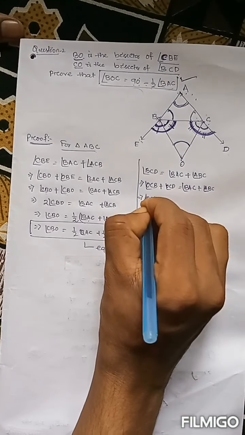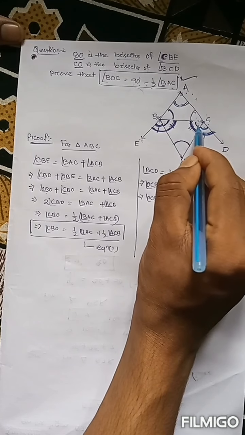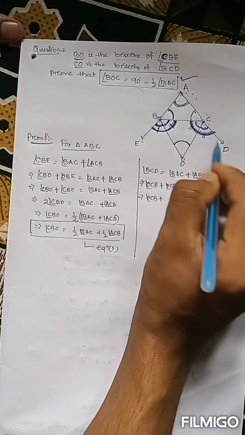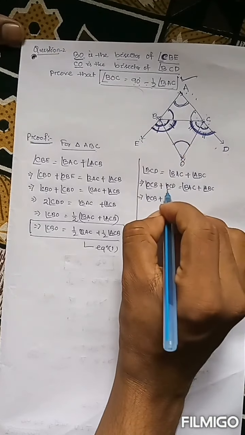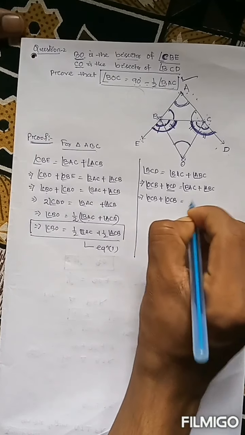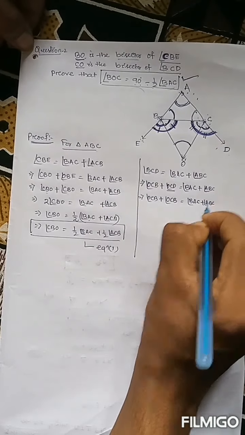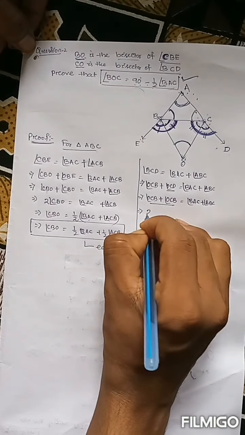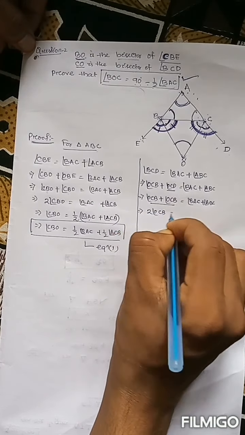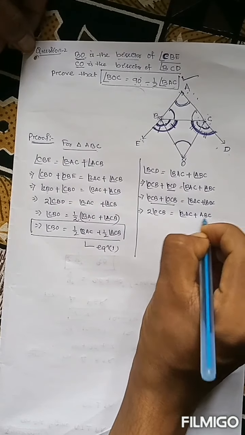Again, in the place of OCD, we can write OCB because these two angles are equal. So OCD and OCB are equal. So in the place of OCD, we can write OCB is equal to BSC plus ABC. Understood? So this is 2 times OCB is equal to BSC plus ABC.